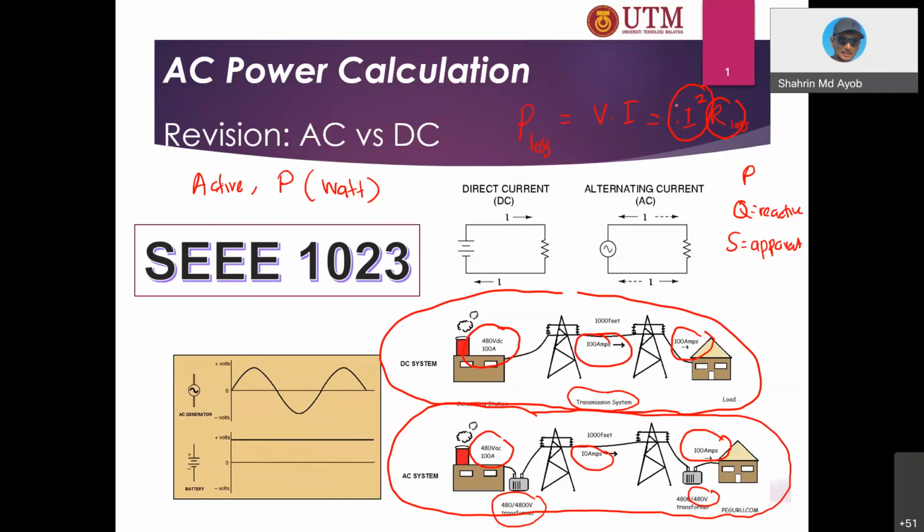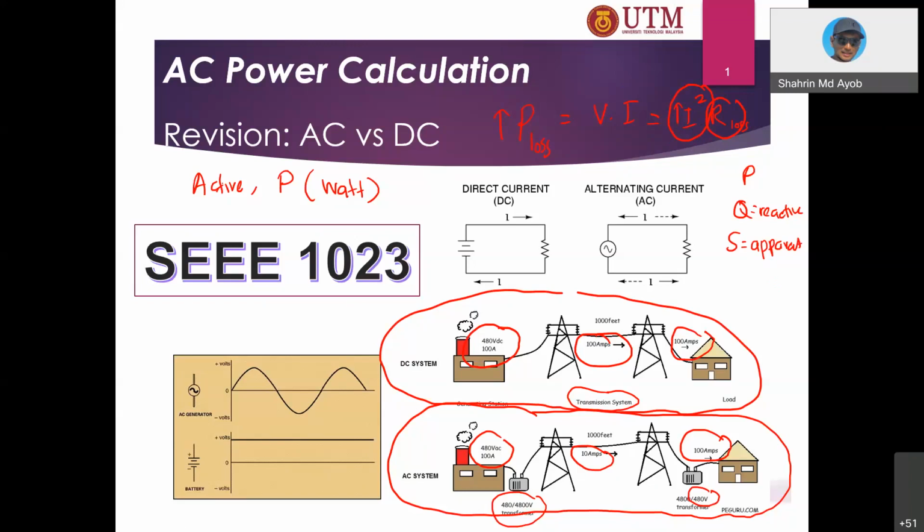So if the current is very high, the power loss is also very high. That is the relationship between losses and current. That is the advantage of using the AC system: low losses in the transmission line.